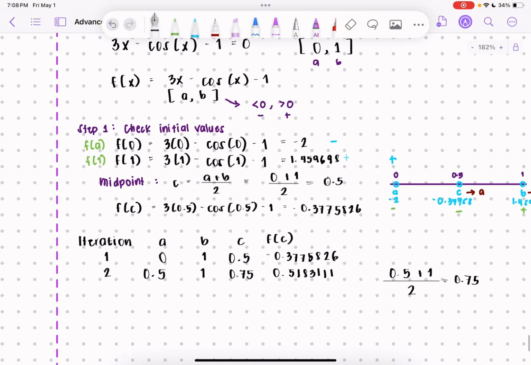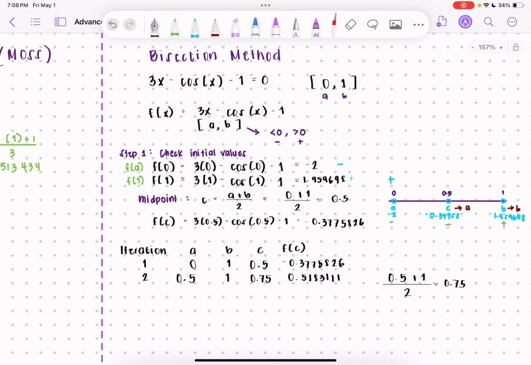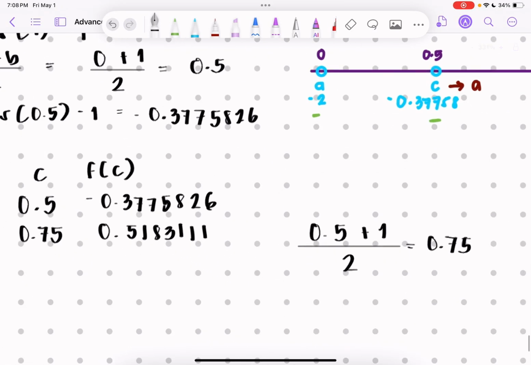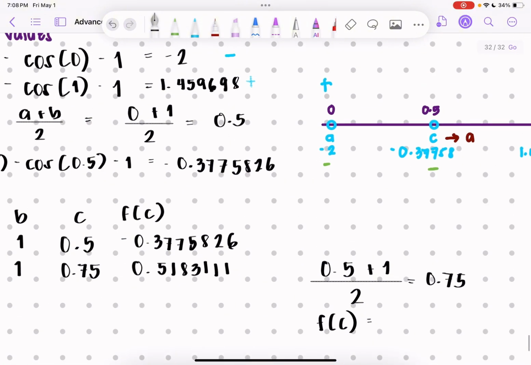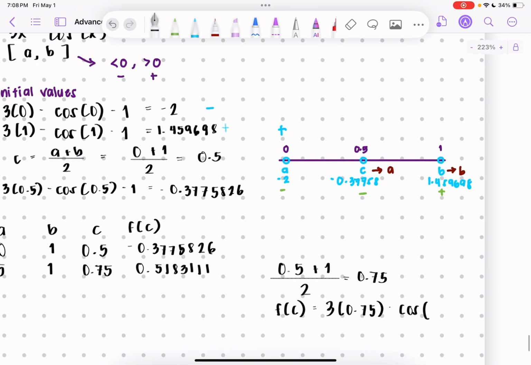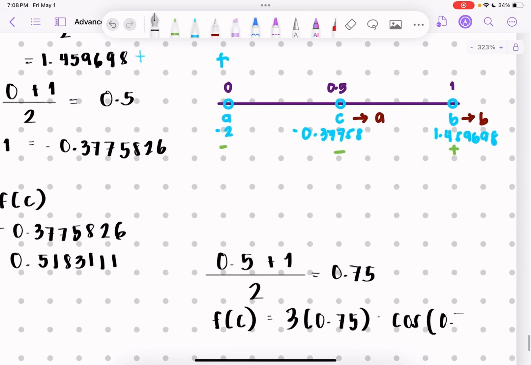0.75. Now the value of C, we are going to plug it again into our f of x right here. So for f of C, that would be 3 times 0.75 minus cosine of 0.75 minus 1.